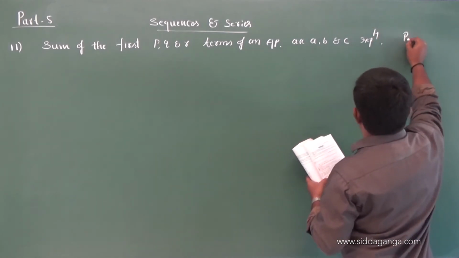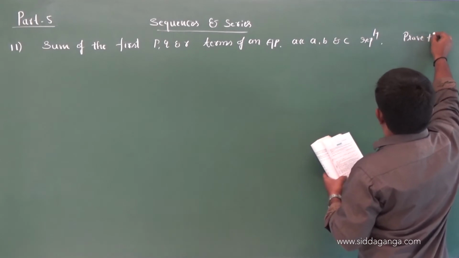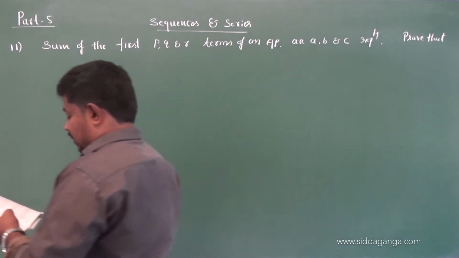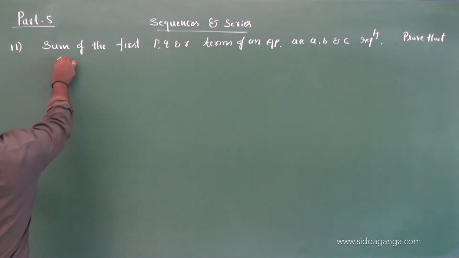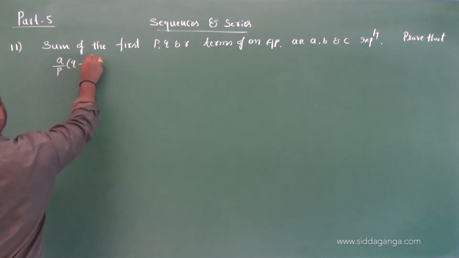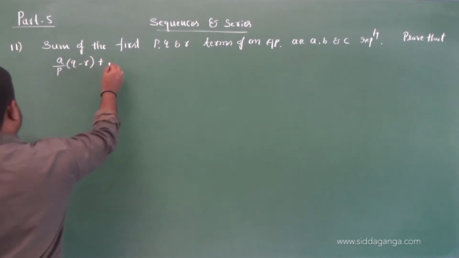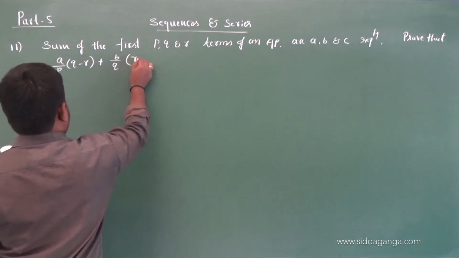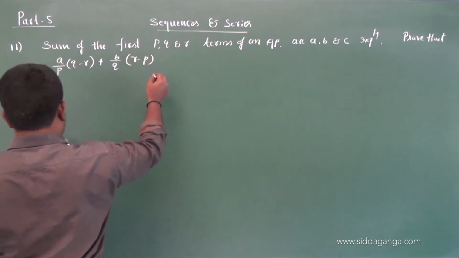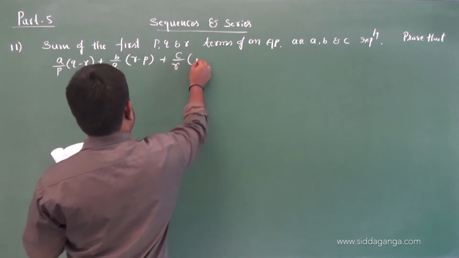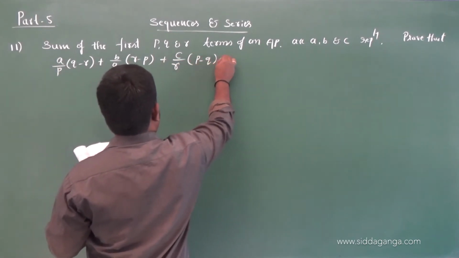Prove that A by P into (Q minus R) plus B by Q into (R minus P) plus C by R into (P minus Q) equals 0.